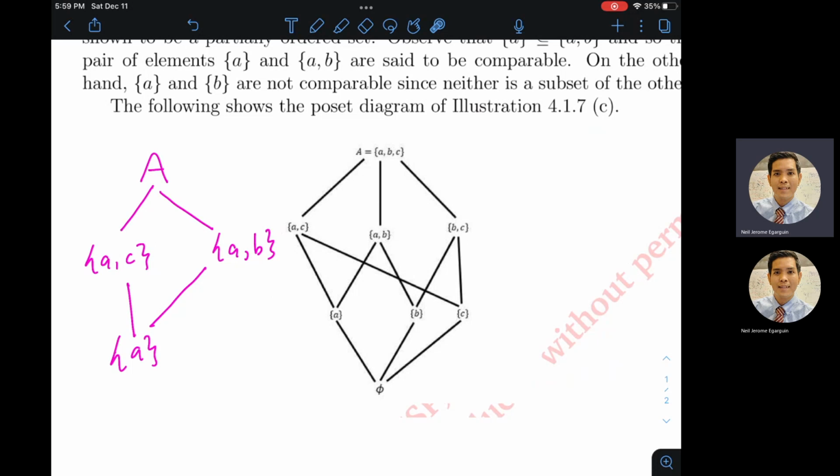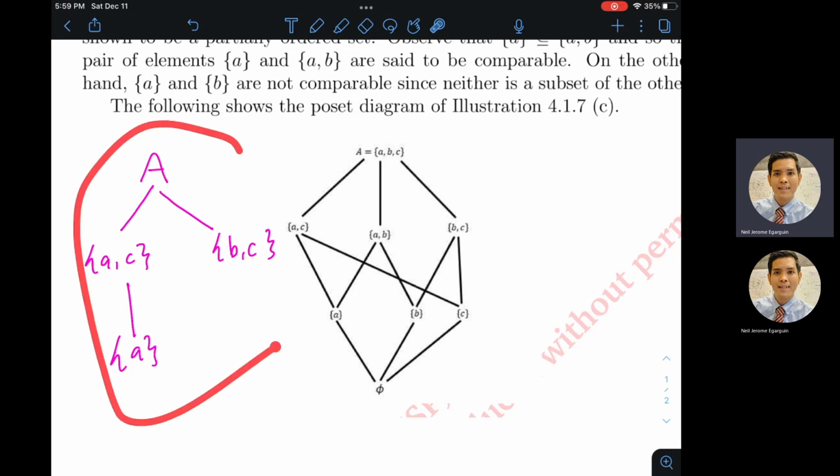All right. However, kapag pinalitan ko ng set BC lamang, all right, now the set containing A will not serve as the first element anymore in this subset of the poset diagram.